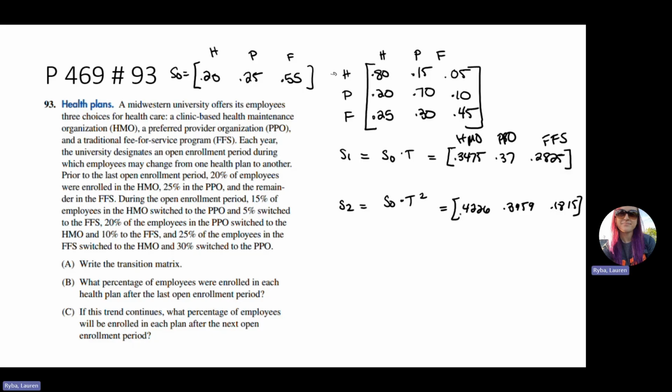If the trend continues in the next year, we will have 42.26% in the HMO, 39.59% in the PPO, and 18.15% in the fee for service. And hopefully that makes sense. You've probably heard of HMO and PPO, maybe not of a fee for service. And generally, those are the two most common ones. So it would kind of make sense that we would see a few more people filtering into those plans over the fee for service.